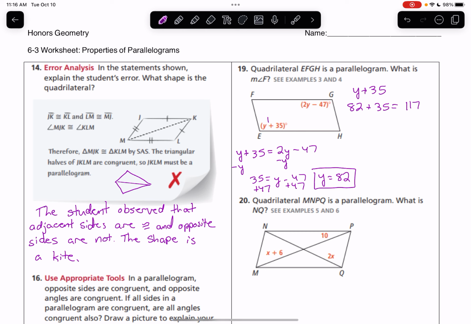So angle E is 117. But we want angle F. So we're going to do 180 minus 117 because adjacent angles of a parallelogram are supplementary. And that's going to give us 63 degrees. So finally, the measure of angle F equals 63 degrees.